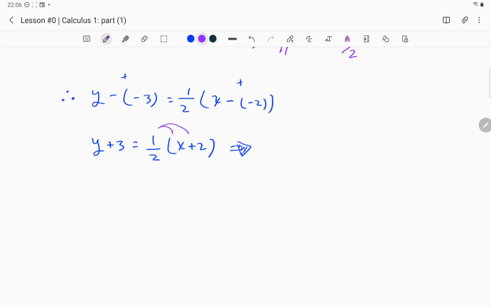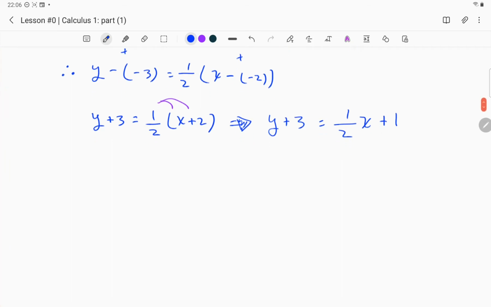The left side remains the same, y plus 3 equals, and when you distribute, half x, and then 1 multiplied by 2 is 2, and 2 over 2 is 1. So half x plus 1, right?